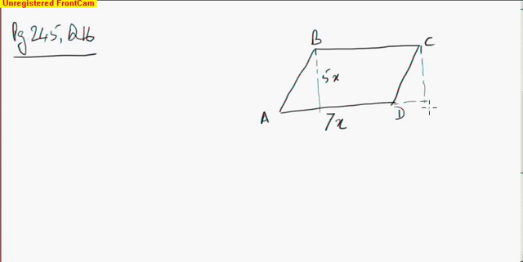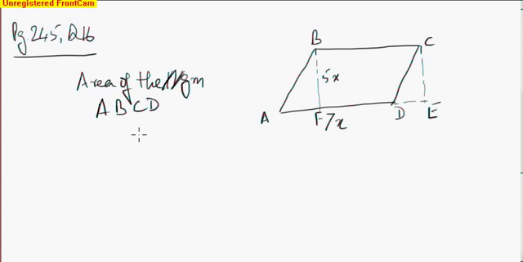So E and F, if I mark these as this, the area of the parallelogram, which we call a parallelogram because of the slant lines, ABCD, is the same as the area of the rectangle BCEF.